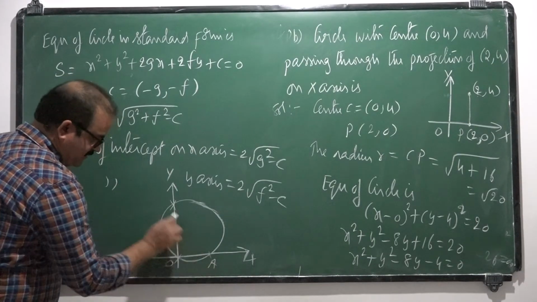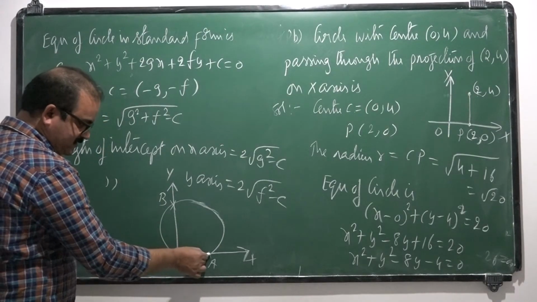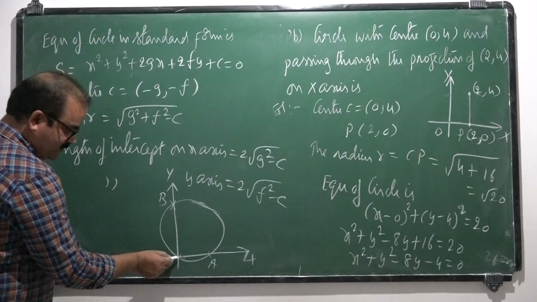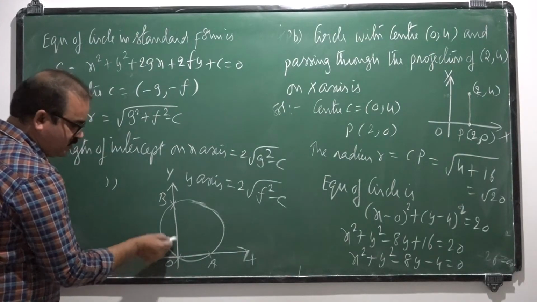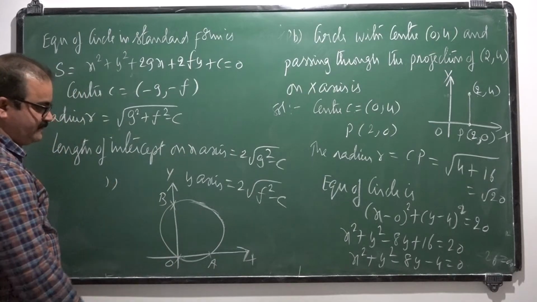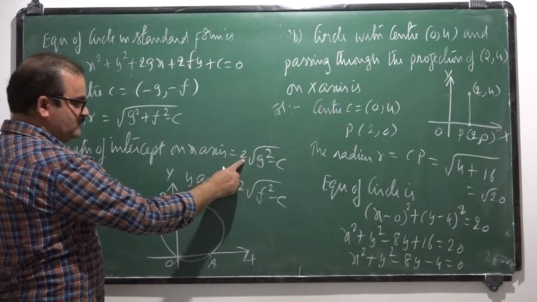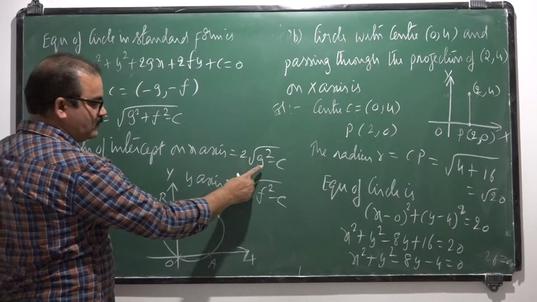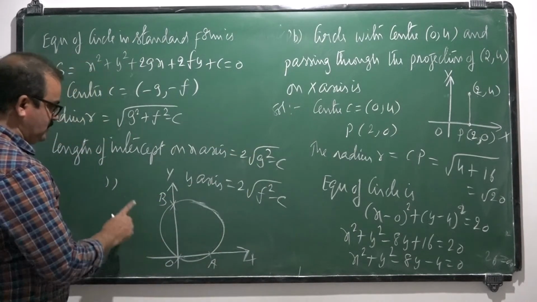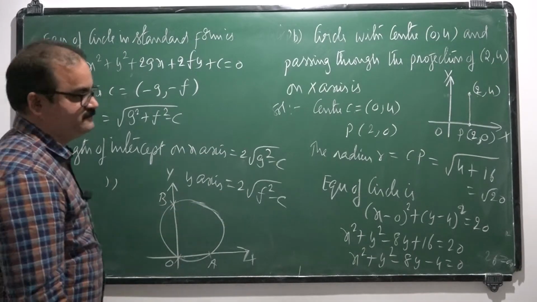Let it be A and let it be B. This distance OA is called the length of the intercept on the x-axis. This distance OB is called the length of the intercept on the y-axis. To find the length of the intercept on the x-axis, we use this formula, 2 into root of g² - c. On the y-axis, 2 into root of f² - c.